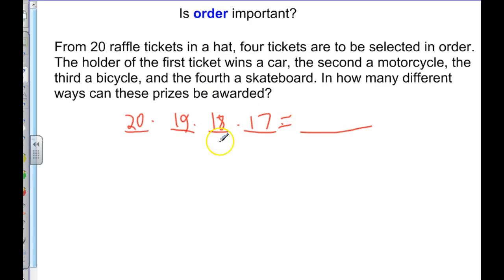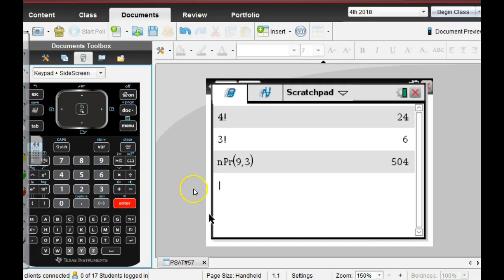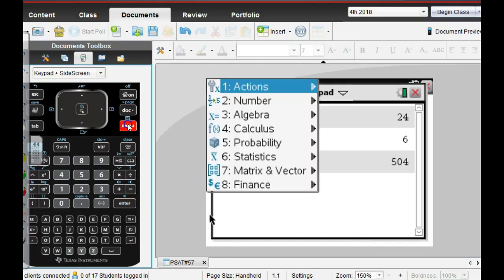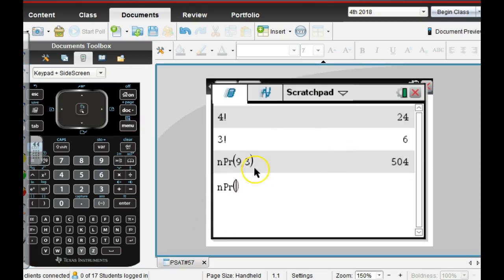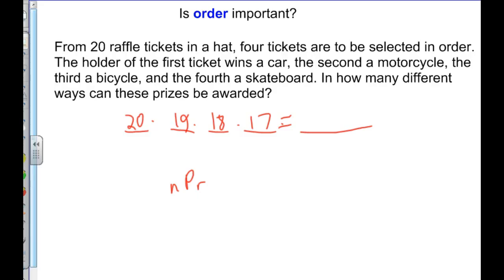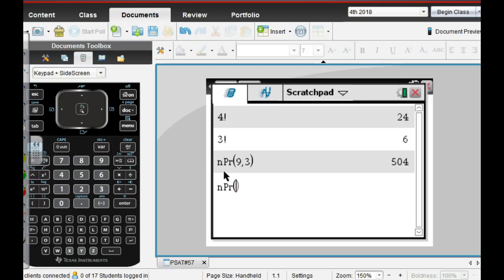If you do this the other way, we're going to use nPr, because it should work as well. Doing it that way, you get out your calculator, menu, probability, permutation, order is important. Let's look back at the question: 20 choose 4, right?